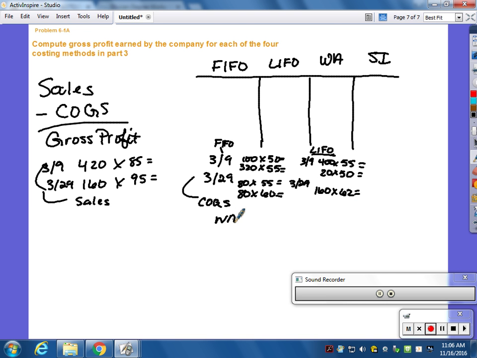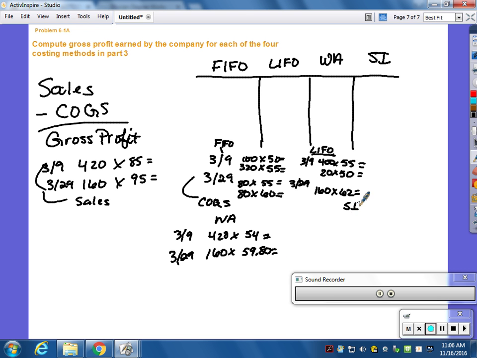Weighted average on 3.9, you did 420 units at $54. And then on 3.29, you did 160 at $59.80. So you need to calculate that.